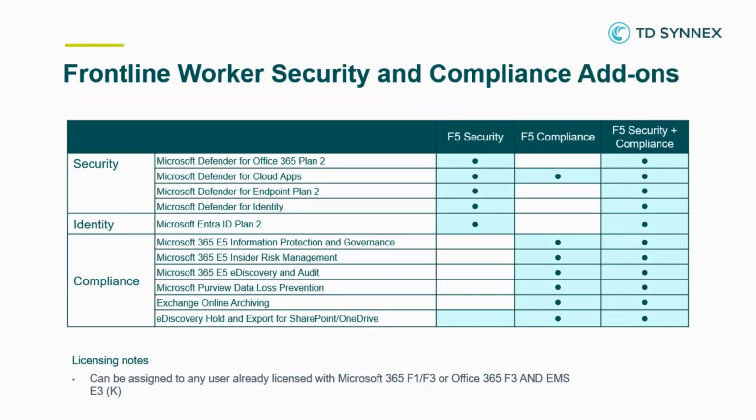And here we can see that there's an F5 security add-on, an F5 compliance add-on, and an F5 security and compliance add-on, which is a combination of the two previous licenses. And we can see on the slide here what's included in those licenses. Now, these licenses can be assigned to users who are already licensed with either Microsoft 365 F1, Microsoft 365 F3, or a combination of Office 365 F3 and EMS E3.